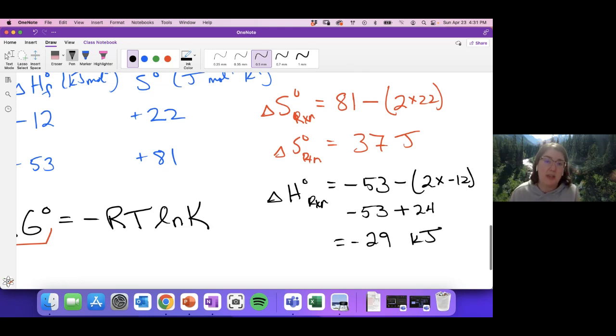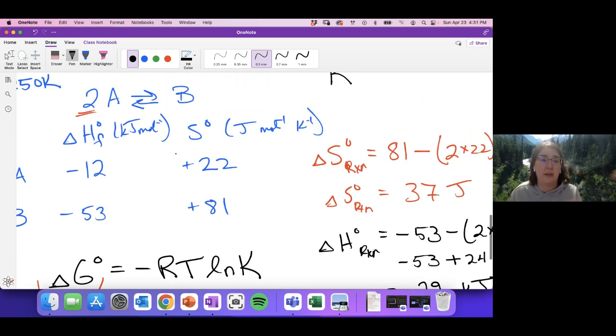Now the nice thing is that even on an exam, when we give you those sorts of values, the units will actually be given to you. So the fact that your value of delta H is in kilojoules, your value of delta S should be in joules. If you look at the table that's provided, those units will be there. We don't assume that you remember those.